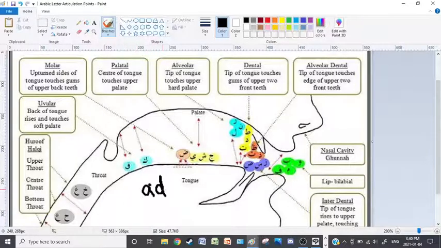So Sod, Dod. These all end with a del. So it would be Dod. And as you can see, compared to Sod, it is coming from the tongue, or almost the back part of the tongue compared to Sod.